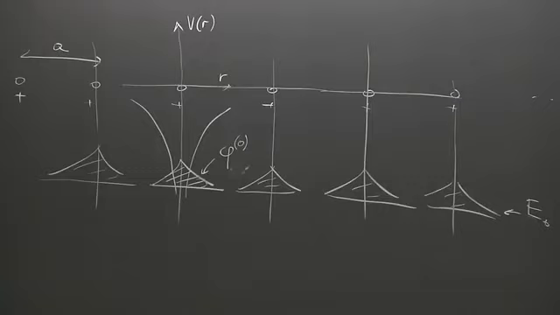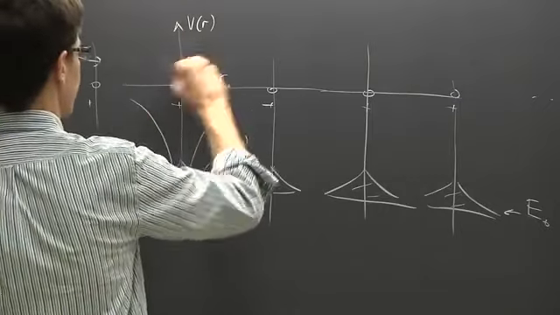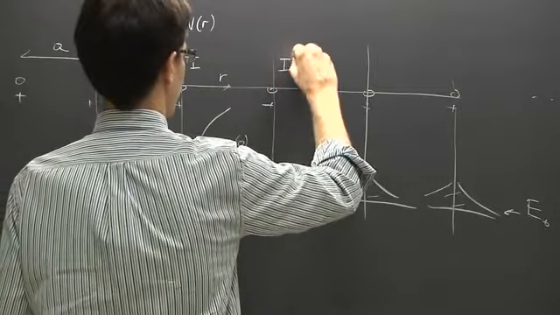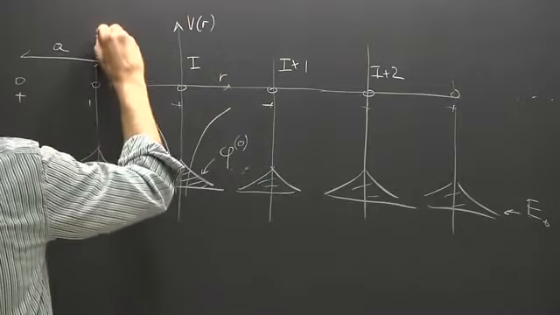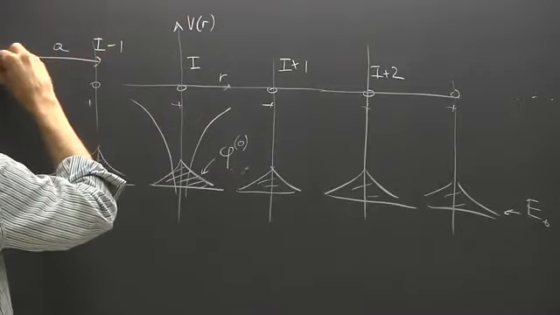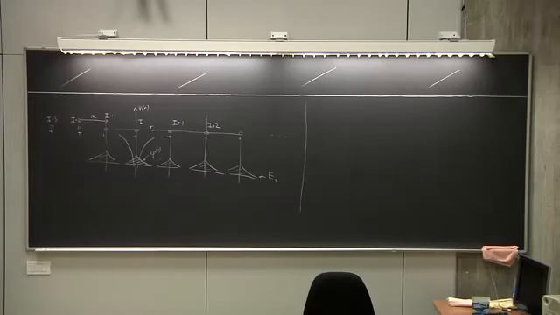If I label the atoms as i, this one, i plus 1, i plus 2, this is i minus 1, i minus 2, i minus 3, and so on and so forth, I'm just labeling the sites.